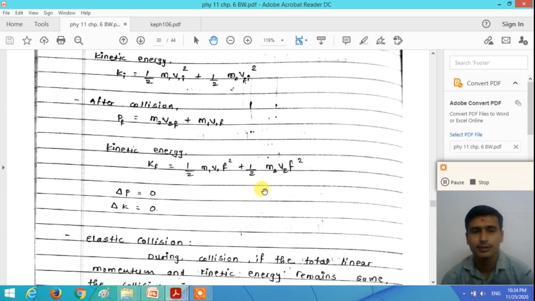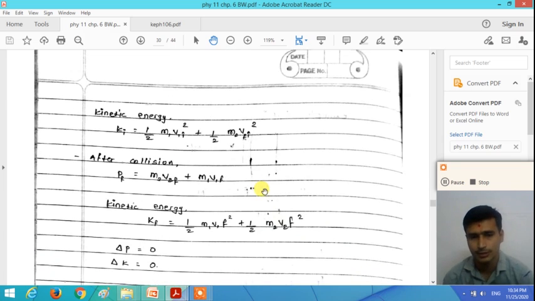Now during the collision, the linear momentum remains constant and the kinetic energy remains constant, because according to the law of conservation of linear momentum, the initial and final linear momentum are the same. So the change in linear momentum is 0, and the change in kinetic energy is 0.